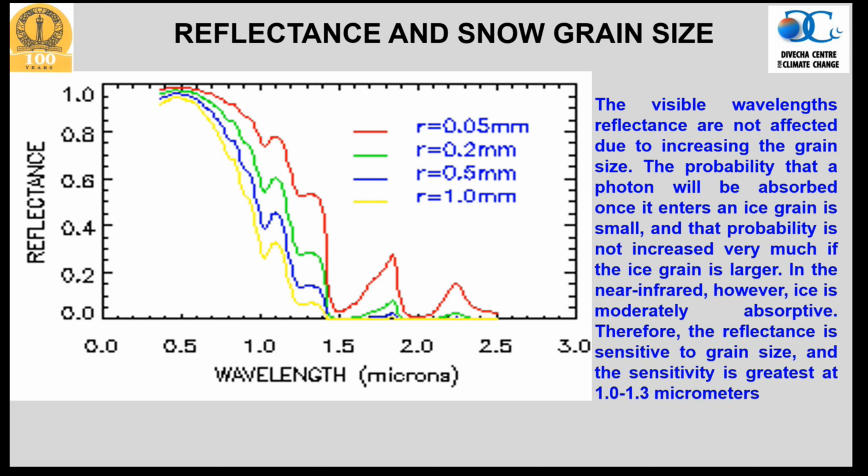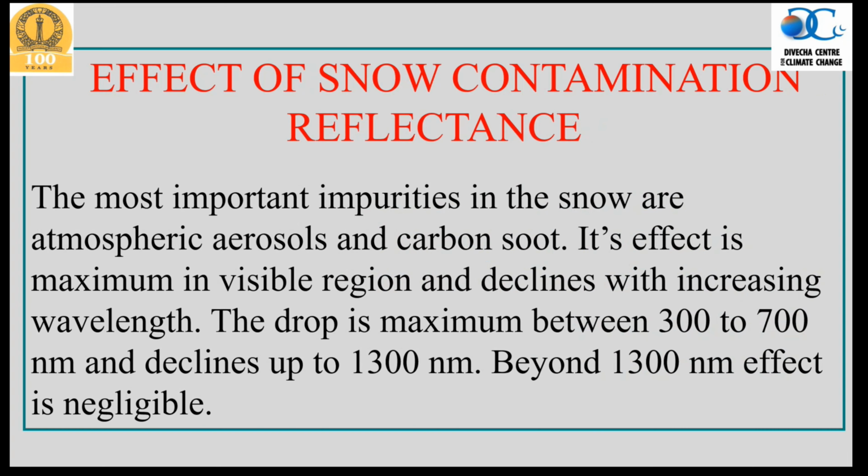And next we will see what happens with contamination. As snow goes through the process of melting, there is a lot of dust which is locally generated in the region, and wind blows it and it falls onto the snowpack.